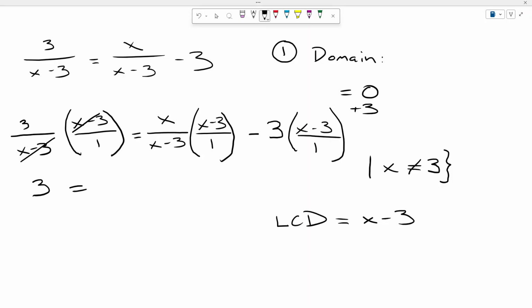And now here, again, we have an x minus 3 in the numerator and the denominator, so they will cancel each other out, and we're just left with x.